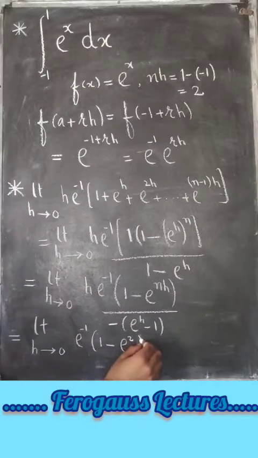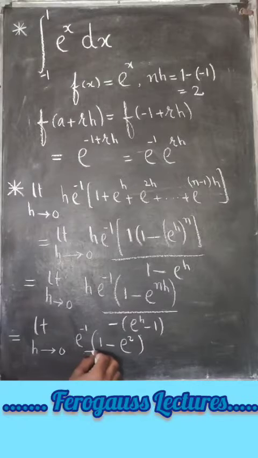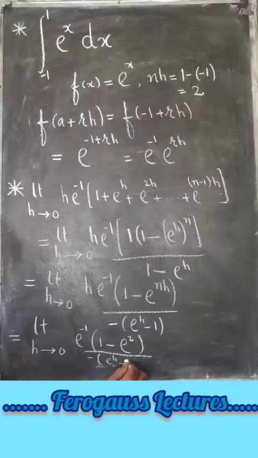divided by minus e raised power h minus 1, divided by this h.